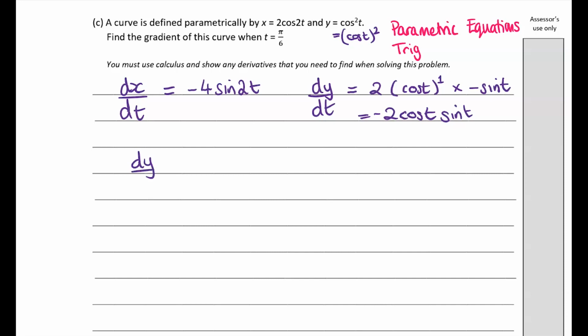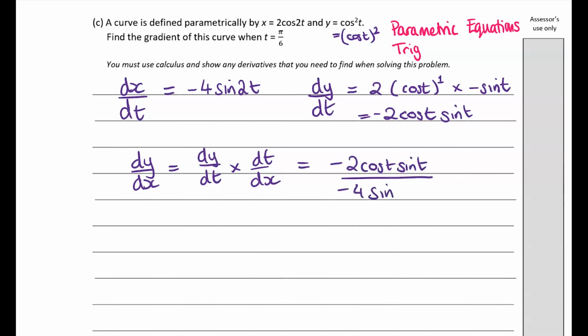Now dy by dx will be dy by dt times dt by dx. So that'll be our minus 2 cos t sine t all over minus 4 sine 2t. We could simplify it, but there's no need.